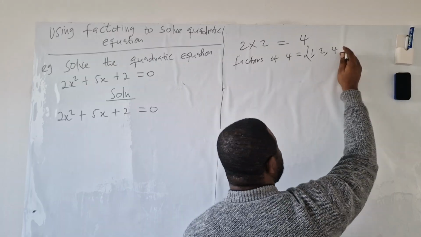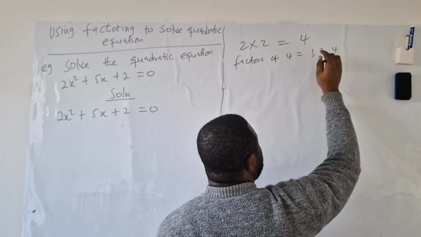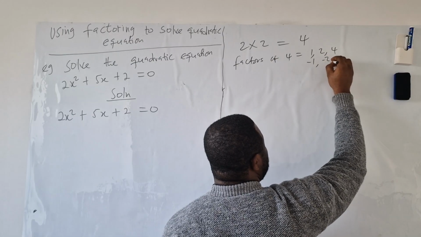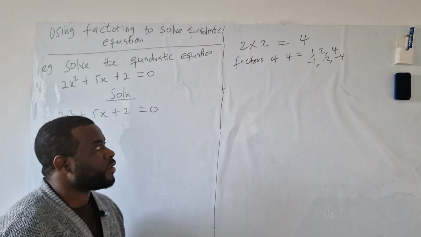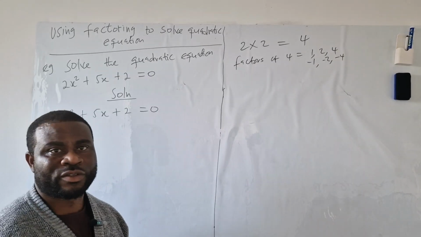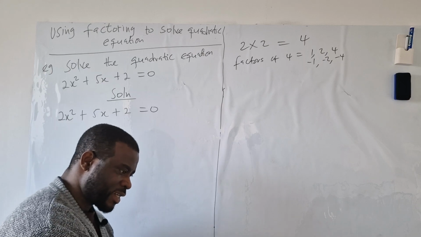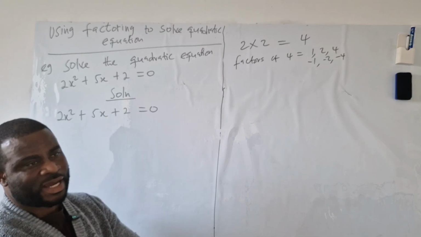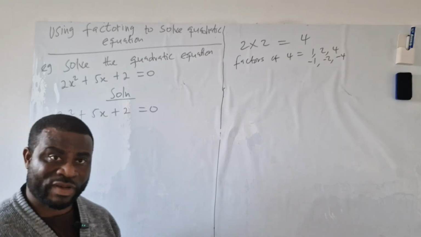Let's also add the negative factors to it. Negative factors, -1, -2, -4. So these are the factors of 4. Good. So to get the negative ones, just first get the positive factors of the product, and then you take their corresponding negative values, and that will be the negative factors as well.